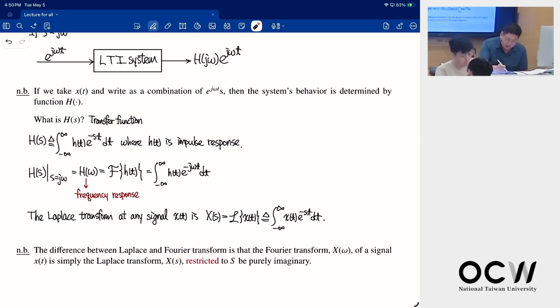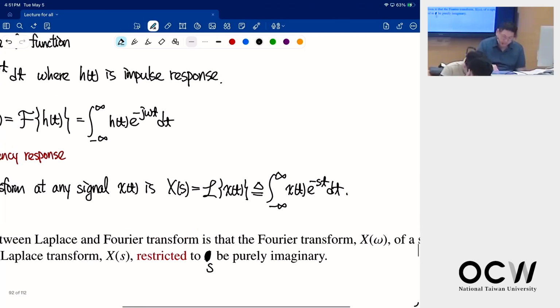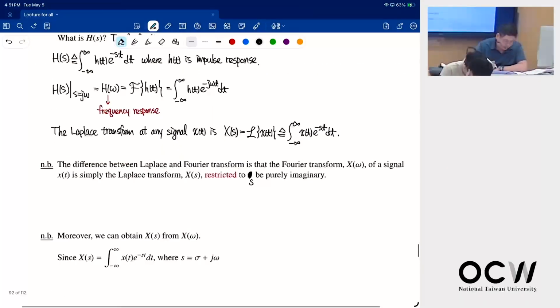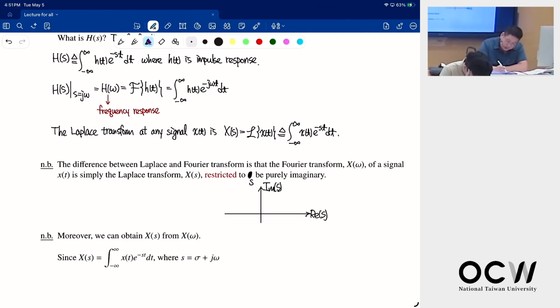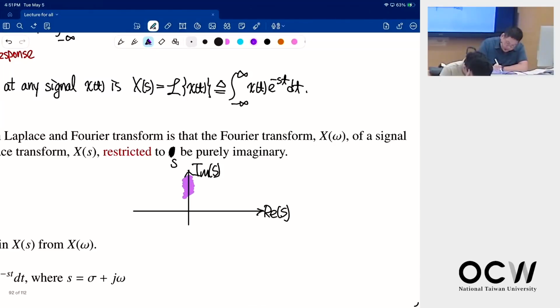I think here I should have a lowercase s. So here is the real part and the imaginary part. We only focus on the imaginary part, and that is the Fourier transform.